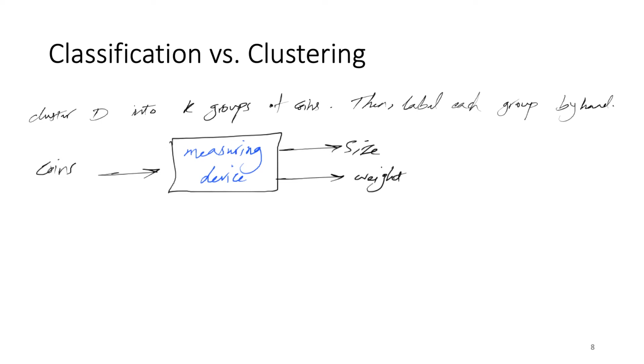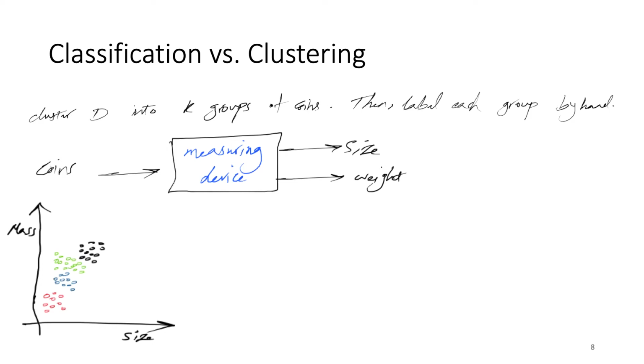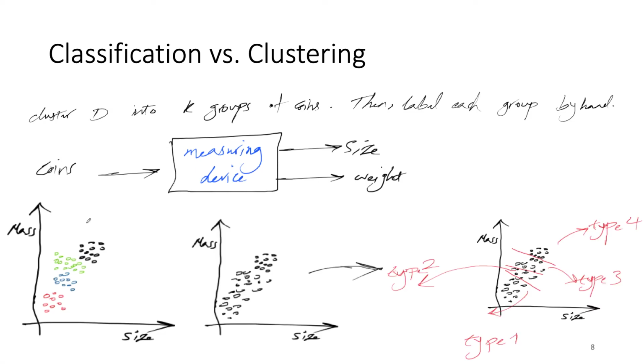So now we have two features, and we can plot them in x1 and x2, where x1 pertains to size and x2 represents the weight. That would be the case for classification, where we had the labels.